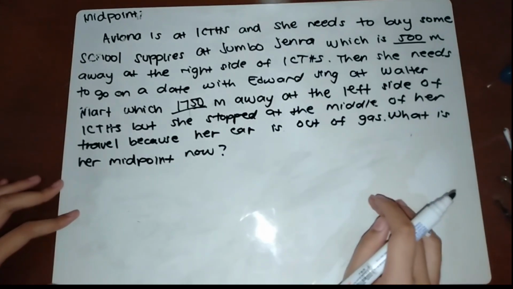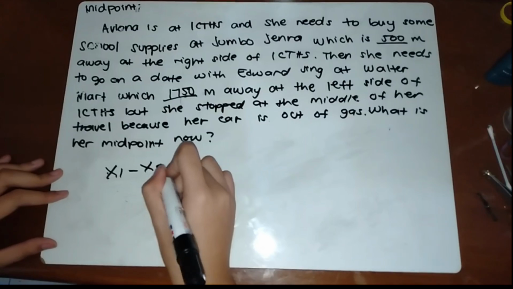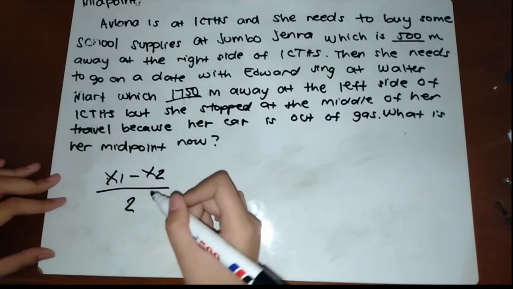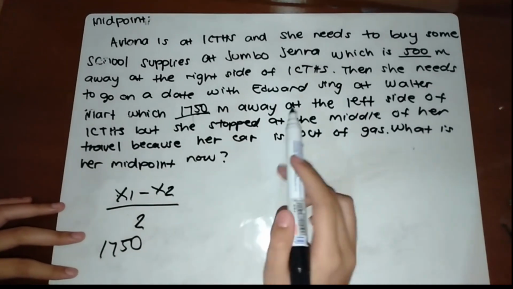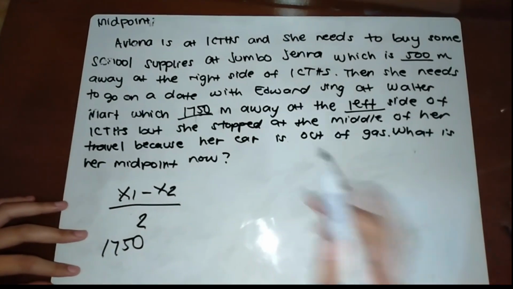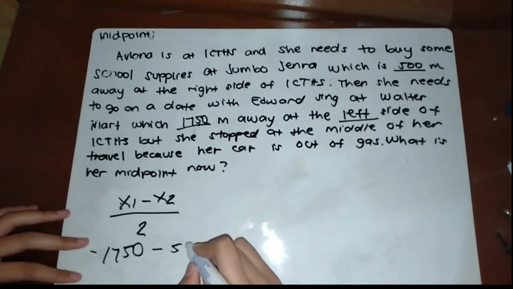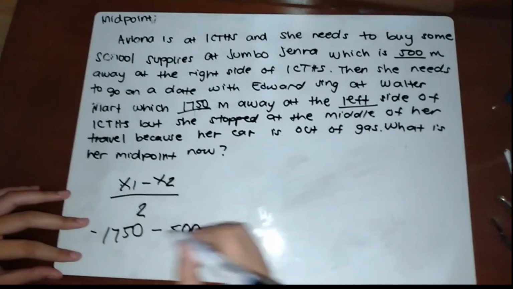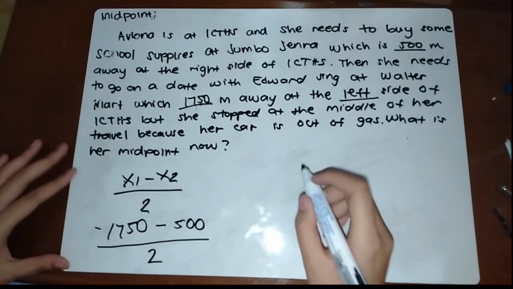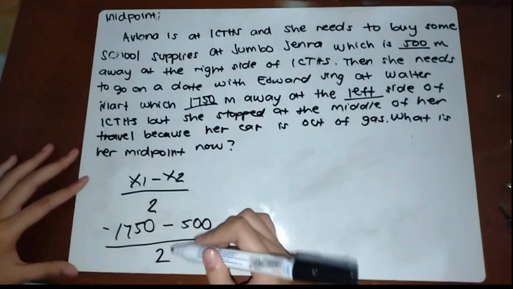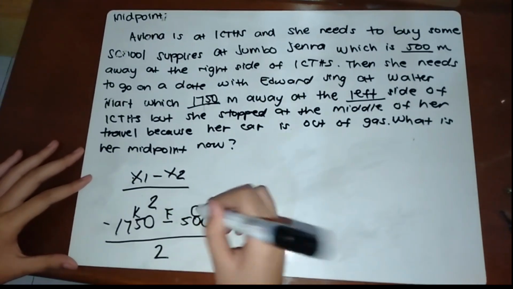So to solve this, we need to know the formula, which is x sub 1 minus x sub 2 divided by 2. Our x sub 1 is 1,750, but since it's at the left side, it's negative, minus 500 meters away over 2. So to solve this, we need to keep, flip, change.